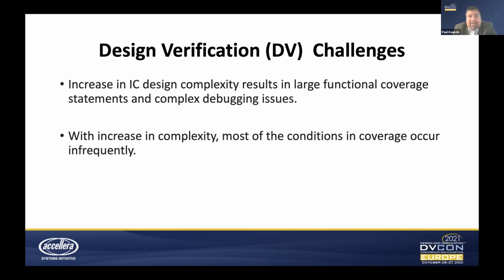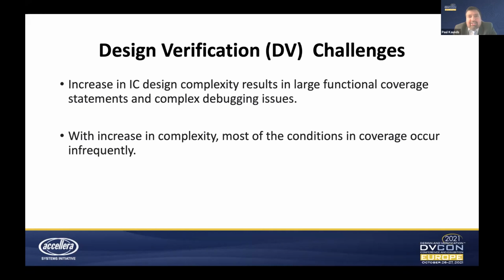There are different challenges at IP level, different challenges at subsystem level, and different challenges at SOC level. At IP level, as we all know, the sign-off criteria is we have to have 100% functional coverage, 100% code coverage, and all the stress cases need to be hit.